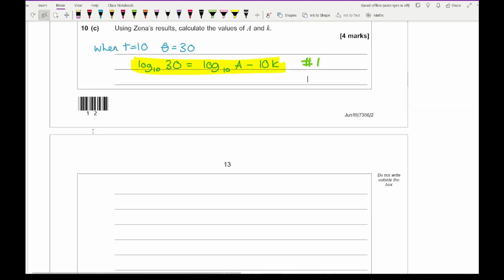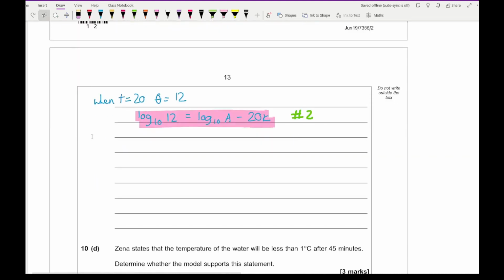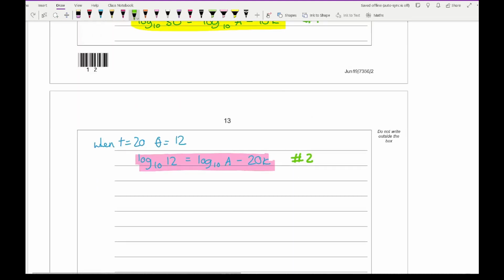Then if I move on to the second bit of information, when t equals 20, theta equals 12, then what we end up with is log 10 of 12 equals log 10 of a minus 20k. I'll highlight that there, and I'm going to call this one hashtag 2.